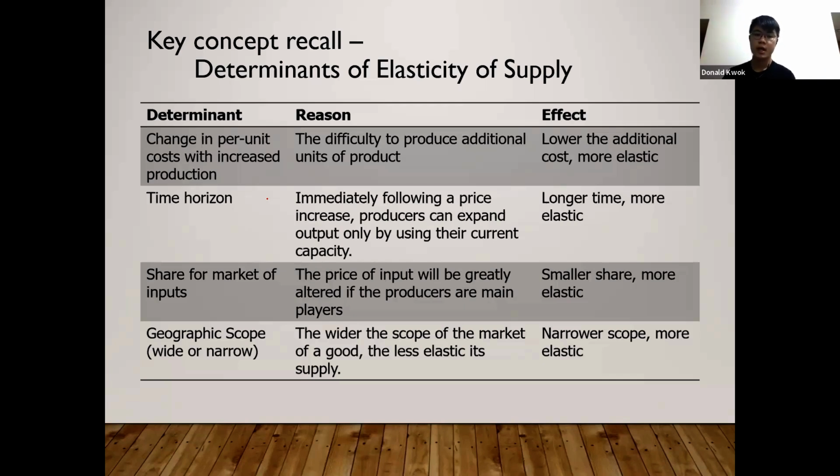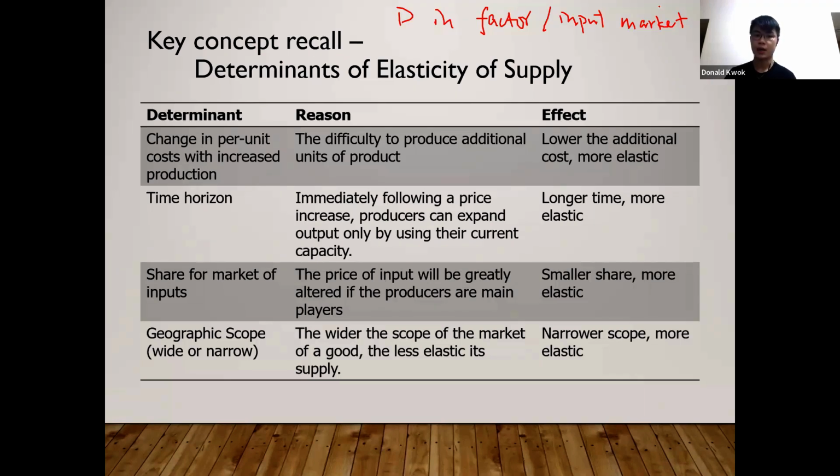And the third point, share of the market for inputs. If you're the supply side in a goods market, you're actually the demand side in the factor or input market, because you need the input to produce the goods, right? So if you are a main player in the input market, then if you would like to increase the production of your good, you will need to buy more of the input.